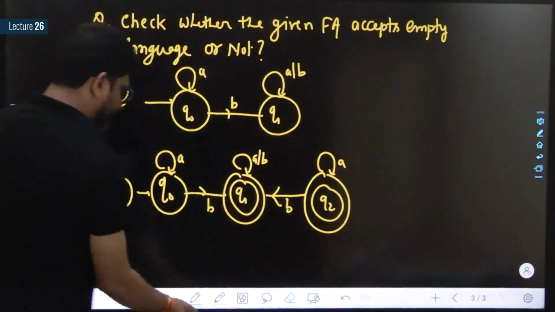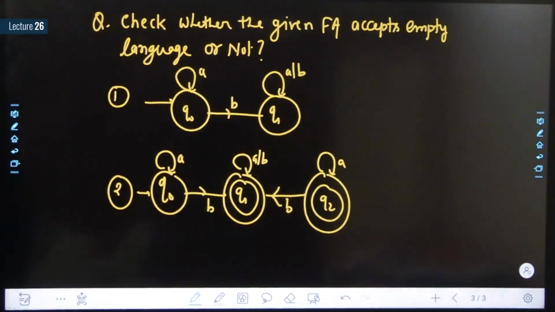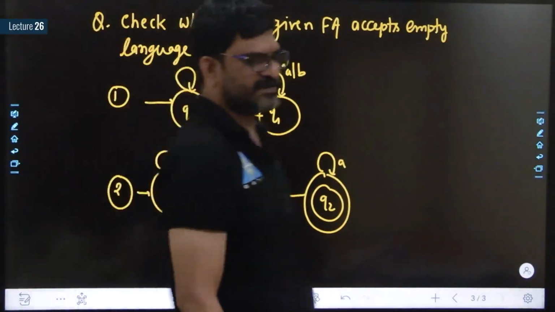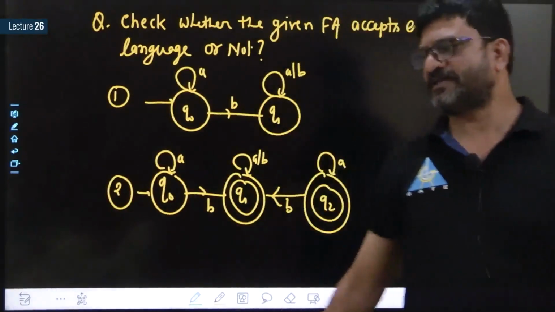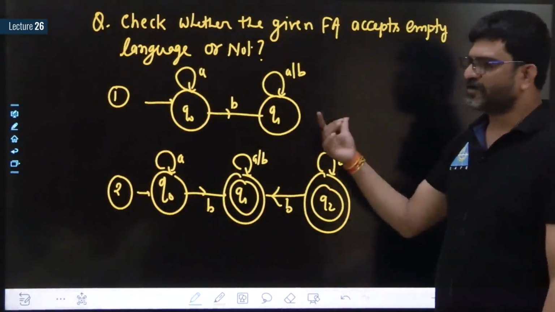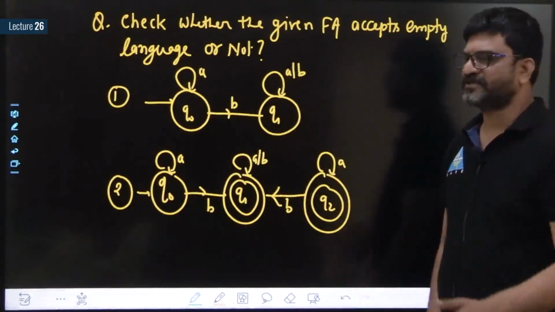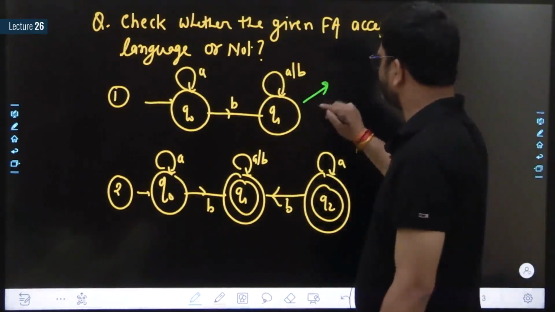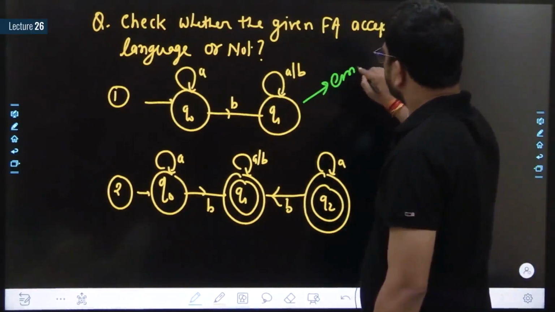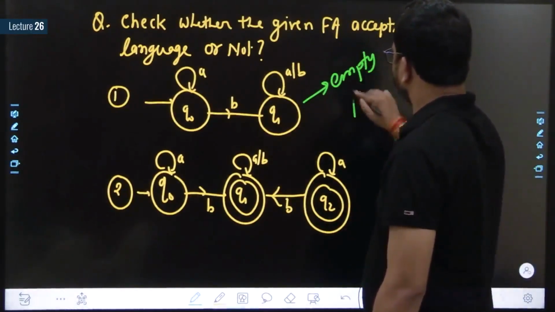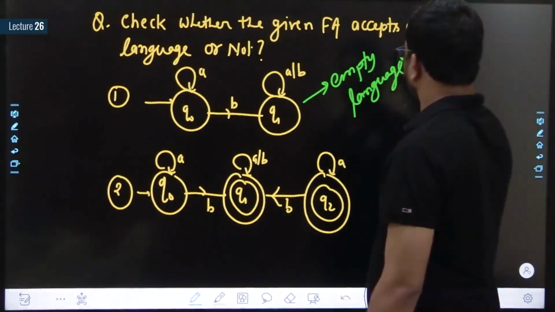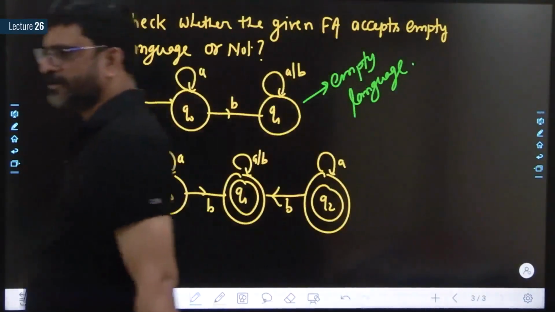If the resulting finite automata contain at least one final state, then we can say finite automata accept non-empty language, otherwise empty language. There is no final state, it means it accepts empty language. Empty language. Clear? Do next question.